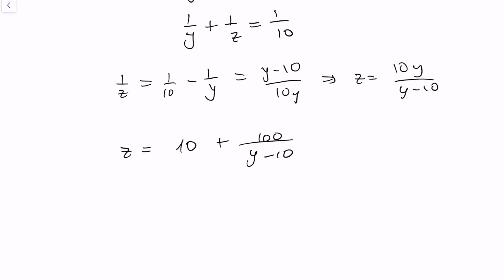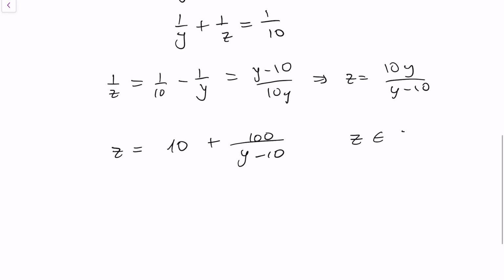Now, we know something about z, that z is an integer, and not only an integer, but a positive integer. That means, well, we know 10 is already an integer, so this quantity has to be an integer, such that z will be an integer, right?